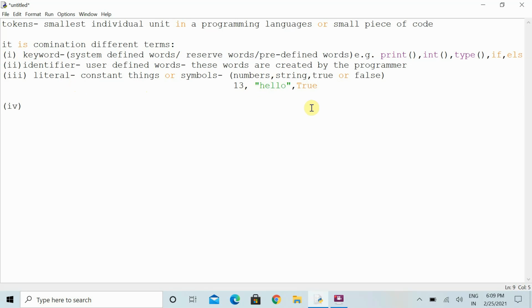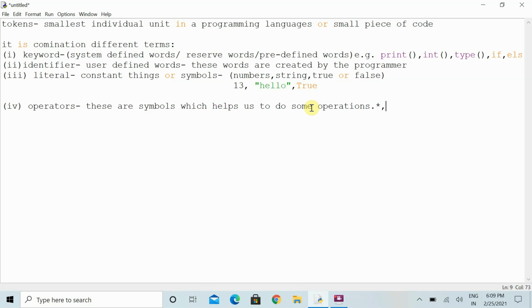And next is operators. Operators are the symbols which help us to do some operations. For example, if we are doing some calculation, we use the multiplication operator.